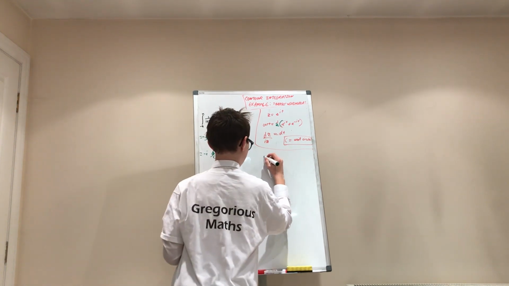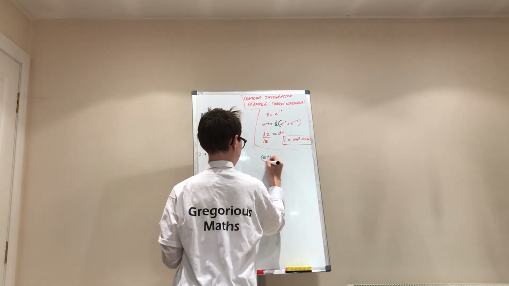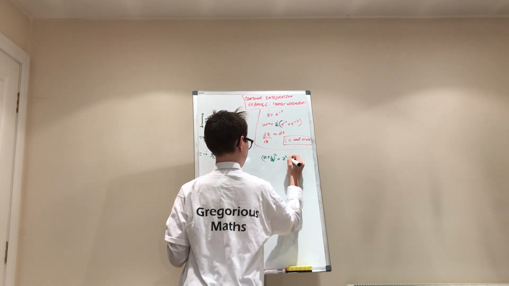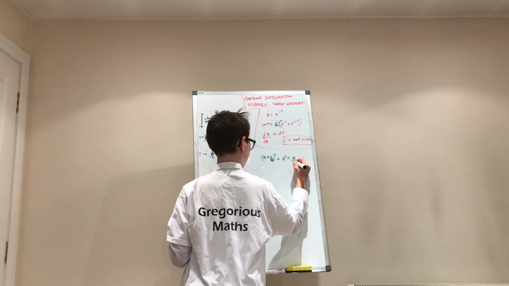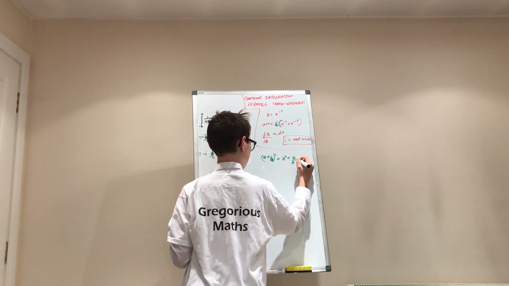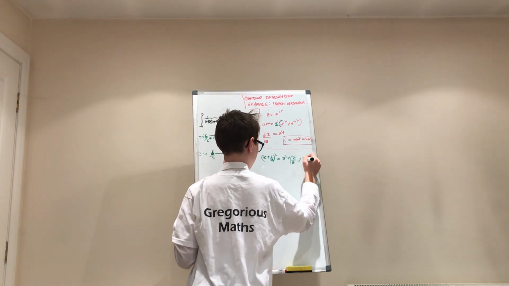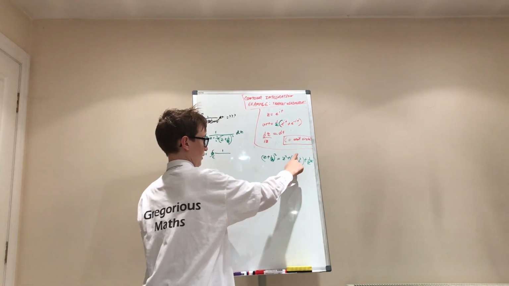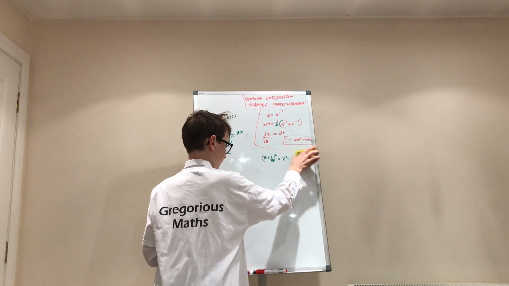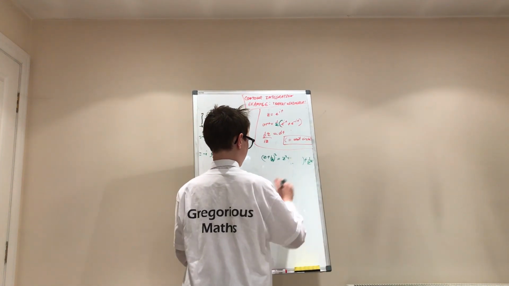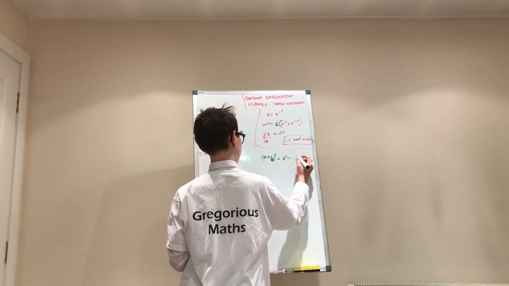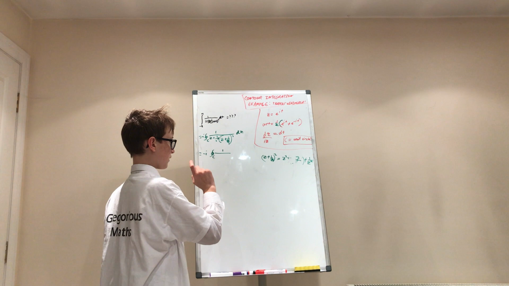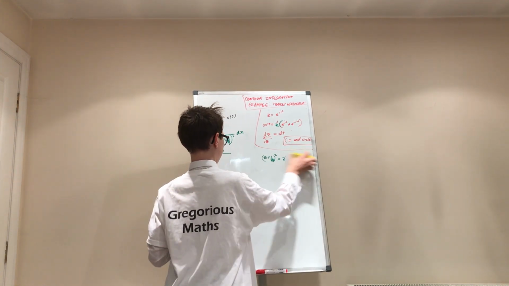I'll just do this on the side: (z plus 1 over z) squared equals z squared plus z times 1 over z times 2 plus 1 over z squared. Well, z over z becomes 1, so we're actually just left with z squared plus 2 plus 1 over z squared. Right, yeah.